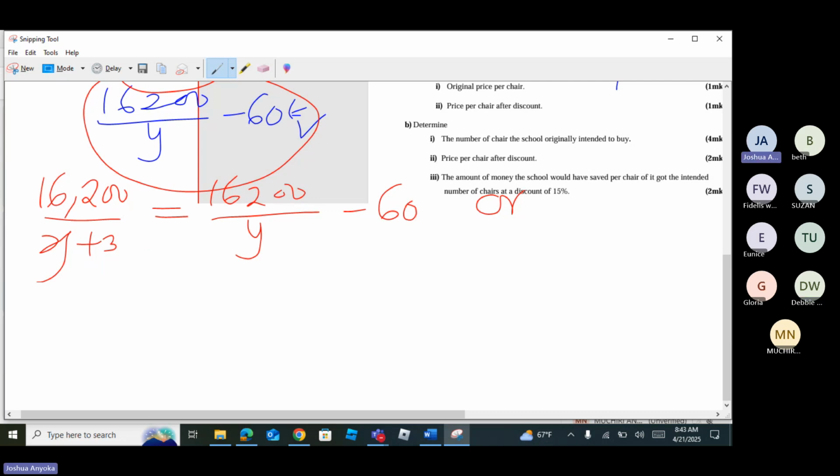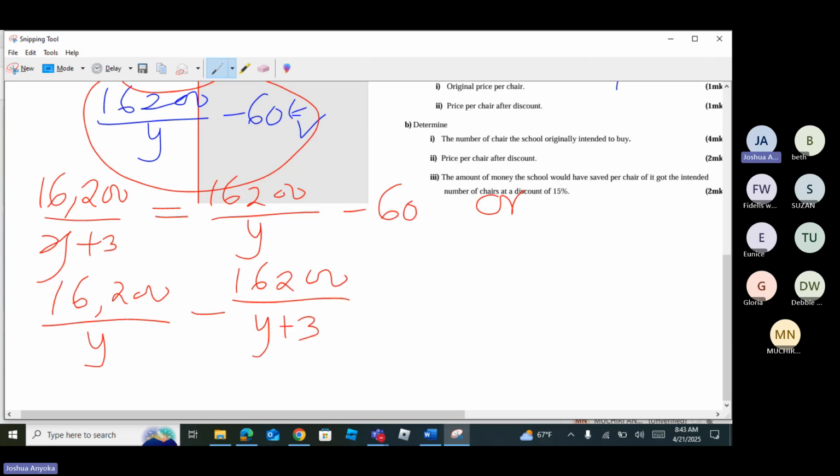So the original price was 16,200 divided by y, minus the discounted price, which is 16,200 divided by y plus 3. It gives us the discount, and the discount is 60.